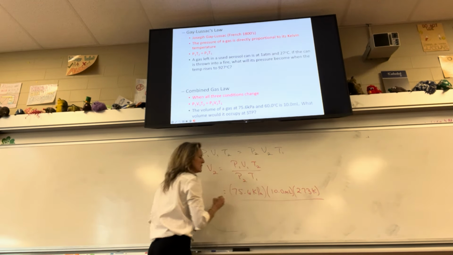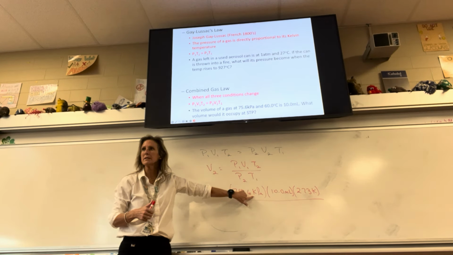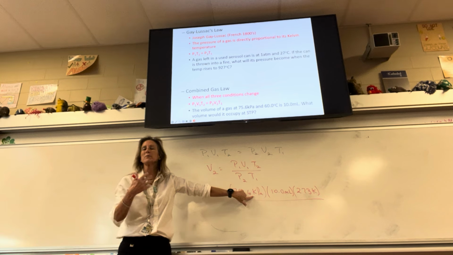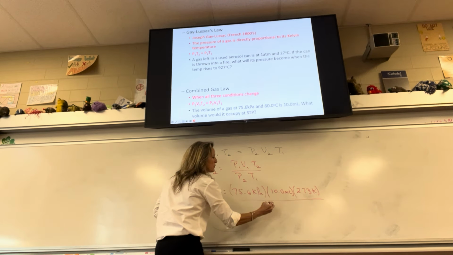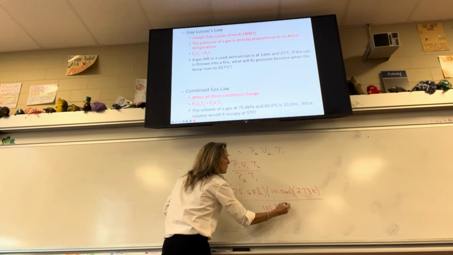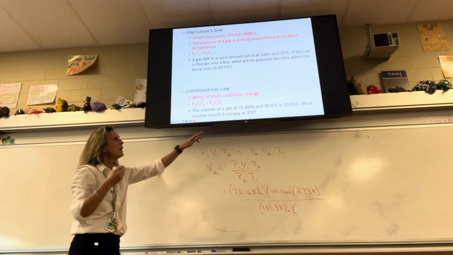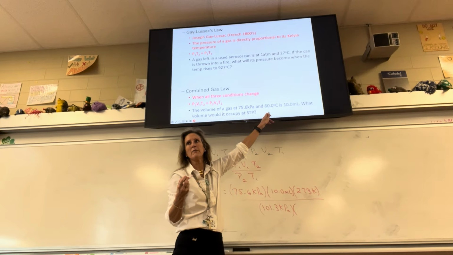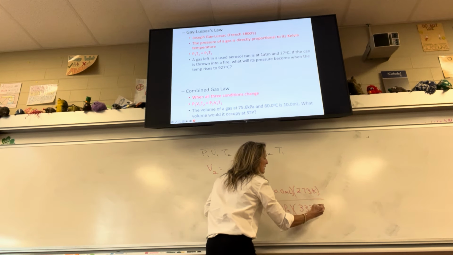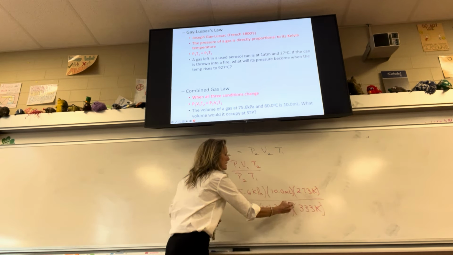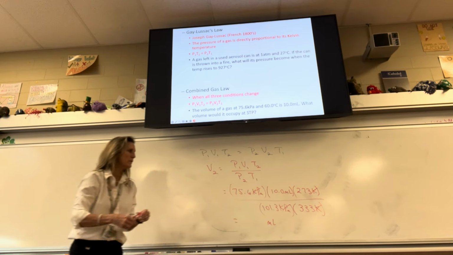Cannot use Celsius. And then if we're using kilopascals here for our P1, that means we have to use kilopascals for standard pressure for P2. So 101.3 kPa there. And then our T1, again we've got to change this to Kelvin, is 333 Kelvin. So our Kelvins cancel and our kPa's cancel, giving us milliliters.